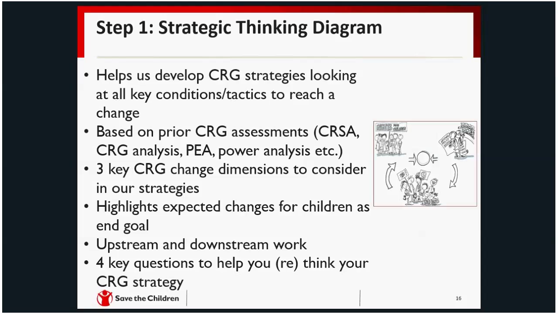So the language that SPEL uses for these 2 arrows are working both upstream and working downstream. And what is the difference between those? So working upstream is that you work to build systems, you work to build capacities to deliver child rights. And looking at the downstream is, are the changes in the policies or the rights that are demanded implemented to ensure that it reaches children?